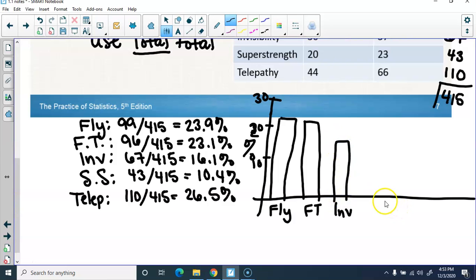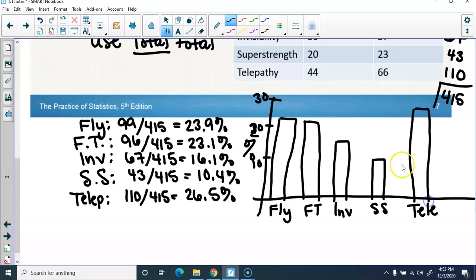Try to do as equal width as I can here. Super strength, 10.4%. Telepathy, 26.5. Hopefully you can do a little bit straighter lines than I can. That is a struggle. Okay, now we can describe what we see with these very wobbly bars.